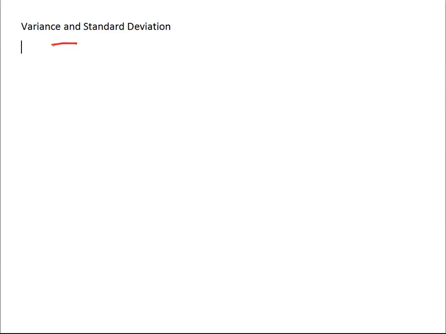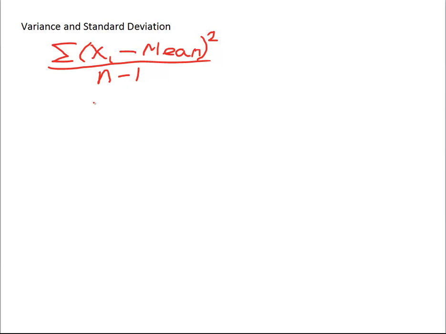So let's say you have the summation of xi minus the mean, all of that squared, divided by n minus 1. And again, this is for the sample variance.